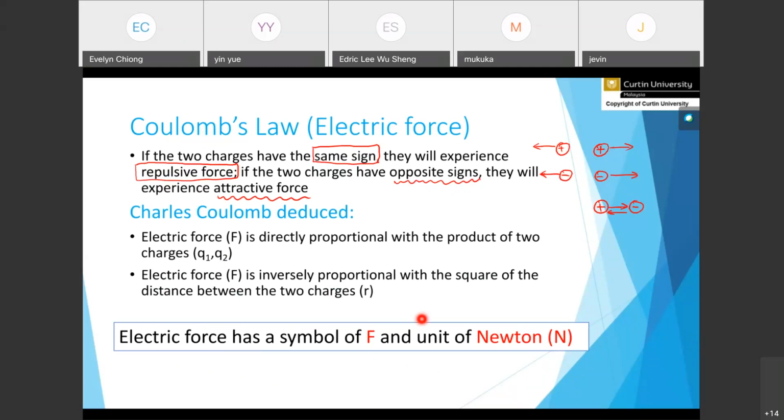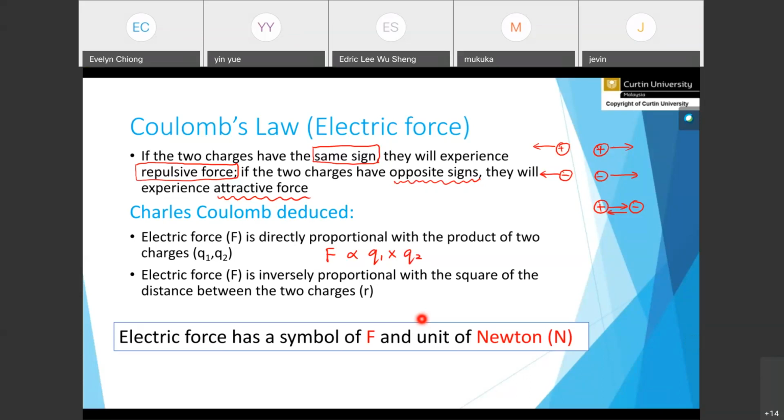Electric force is directly proportional to the product of two charges. Product here means multiplication, okay? For example, if you have two charges, let's say Q1 for charge 1, and then Q2, it says here Q1 times Q2. So electric force is directly proportional to Q1 multiplied by Q2.